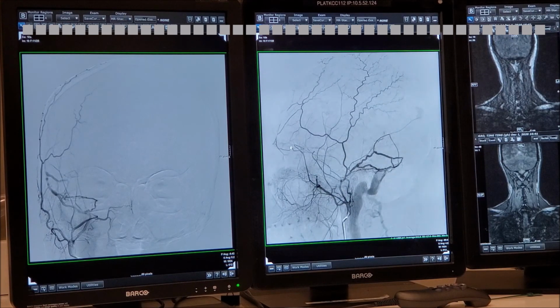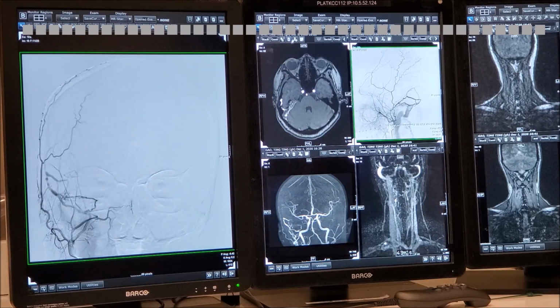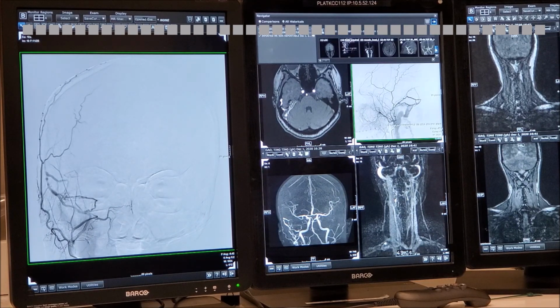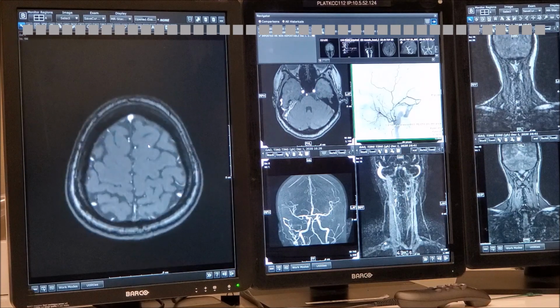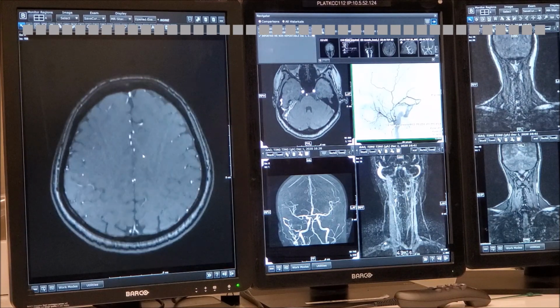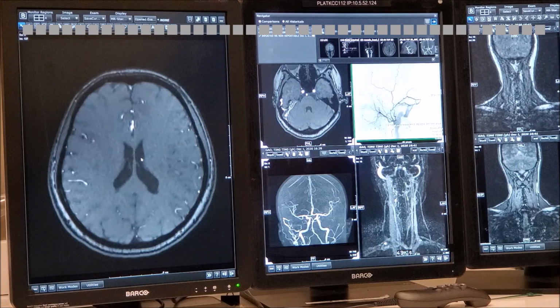Now, remember I like my picture, this one. Where did I get this one from? The MR angio. This one I got from the source images. I'm just going to put it here for a moment because this is very important for us to rebuild that anatomy, the territory.